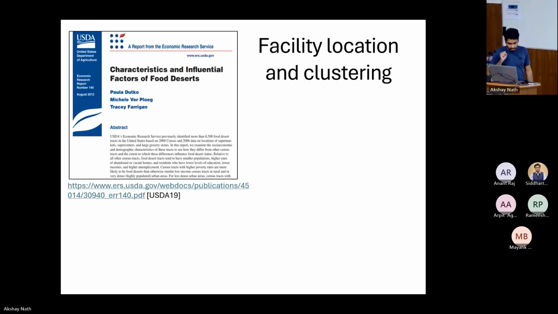So let me speak about facility location and clustering problems, right? So this is a report by the United States Department of Agriculture, and there have been several such reports in many different parts of the world, which basically say that some facilities are underrepresented in certain areas, so people have to travel much further to get groceries or something, and these things are also present in almost all areas of the world.